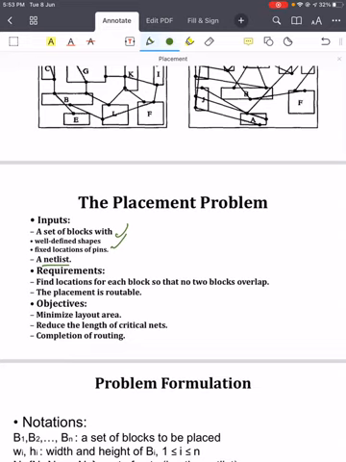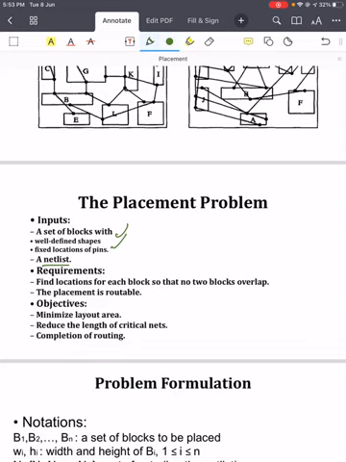Now the requirement of the placement is to find the location of each block so that no two blocks overlap. Okay, so placement should be routable. Unlike floor planning, in placement we keep some adequate space in between the blocks so that the interconnection can be laid out.